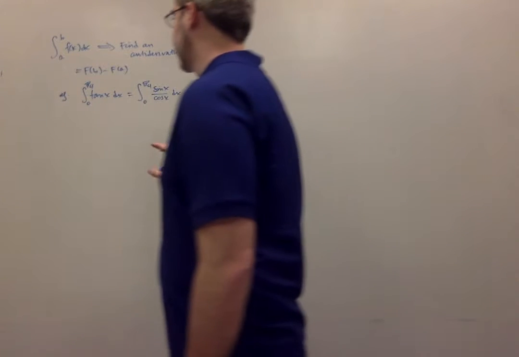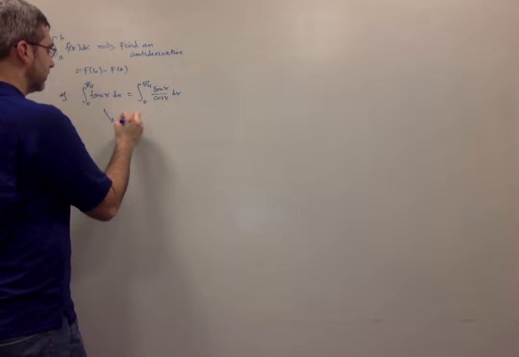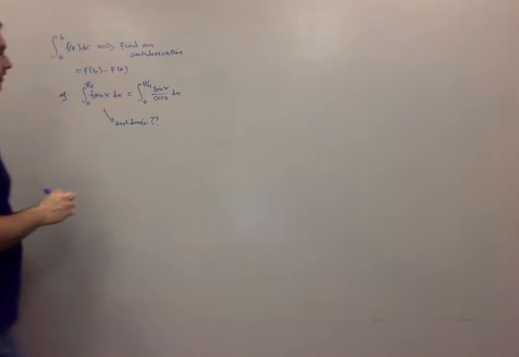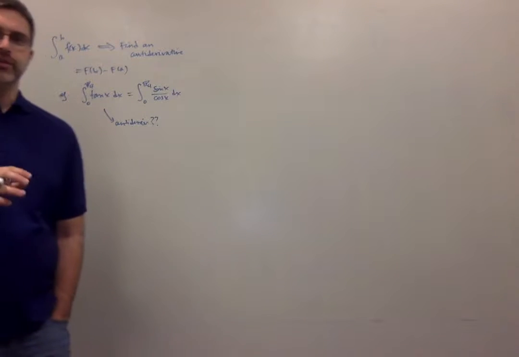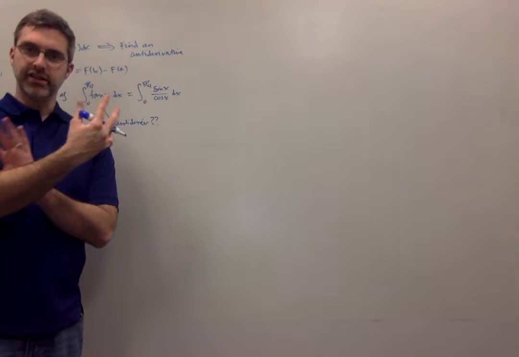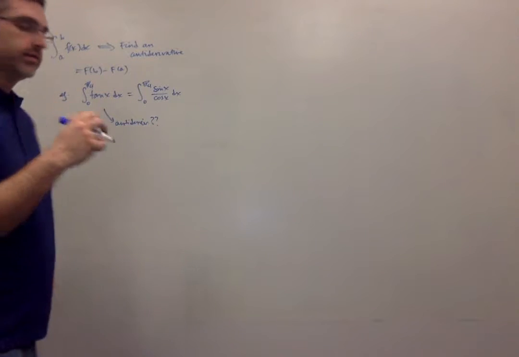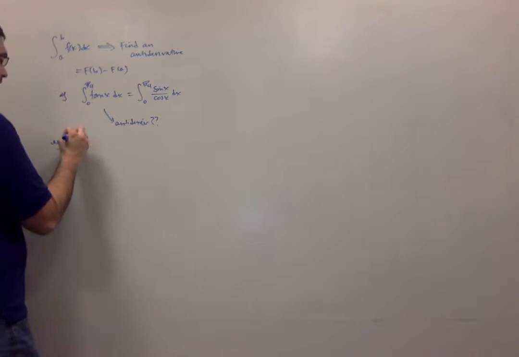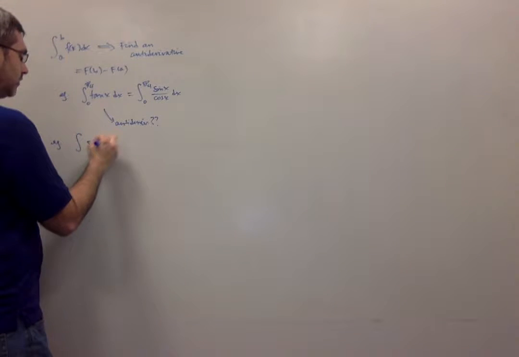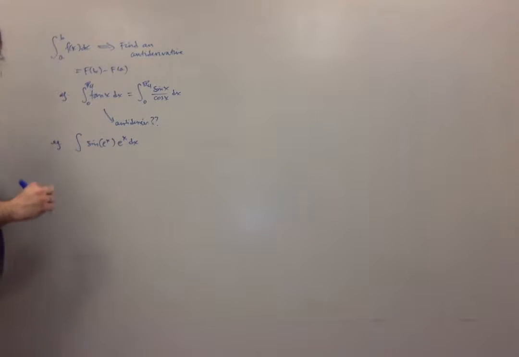But the moral of the story is that you have to be able to figure out an antiderivative in order to do some of this work. And the antiderivatives are not as straightforward as the derivatives are, because they have to be set up in such a way that they came from a derivative. So as an example, we looked at one example where if you wanted to do the antiderivative of sine of e to the x dx, we actually could find that antiderivative.